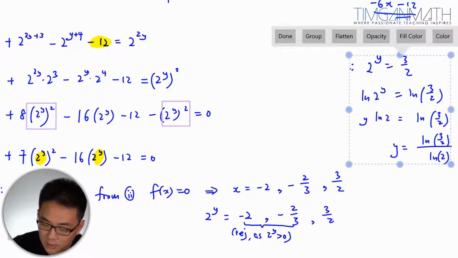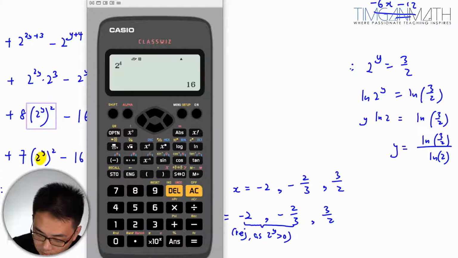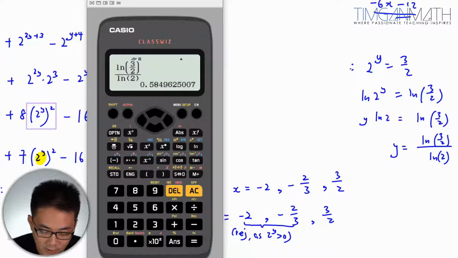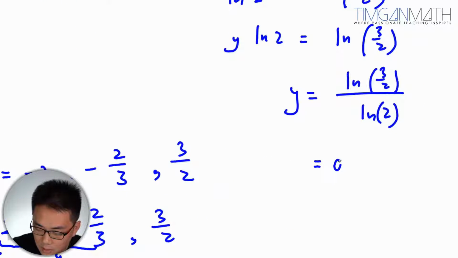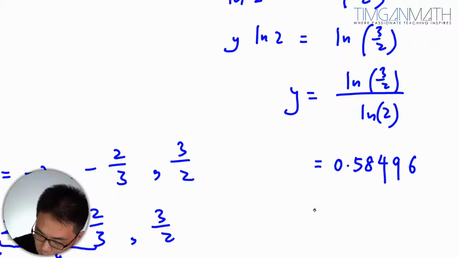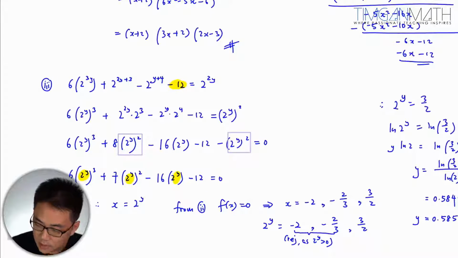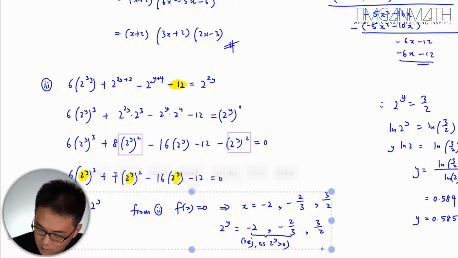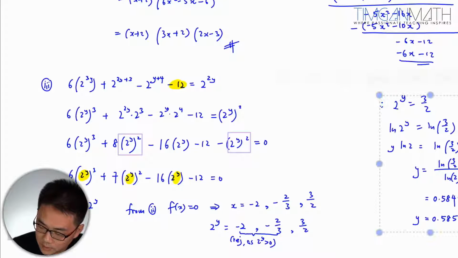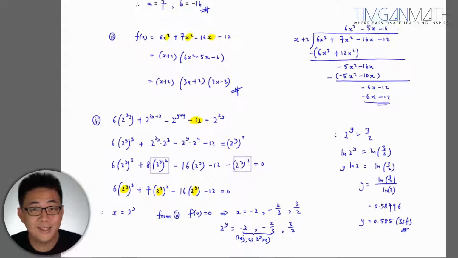Once this is done, what you're going to get is ln(3/2) over ln 2, which is 0.58496, so this will be 0.585. Okay, so this is how you do this question proficiently. Any questions or comments, please do let us know. Keep practicing and I'll see you in the next question.